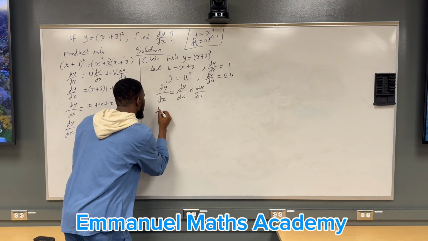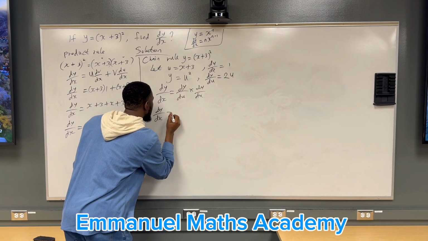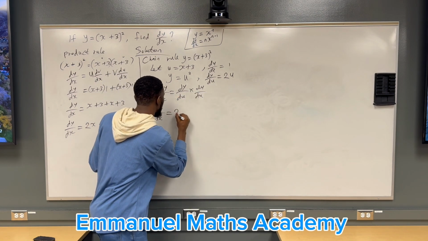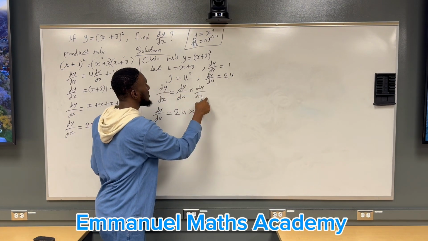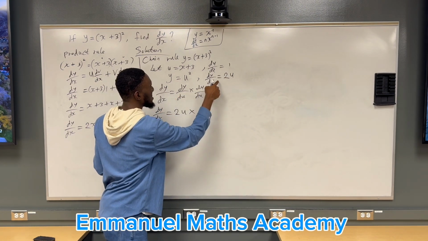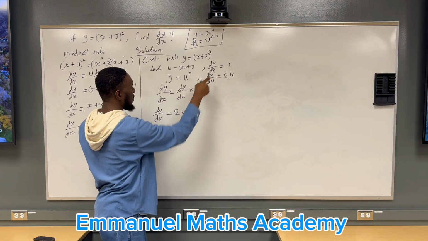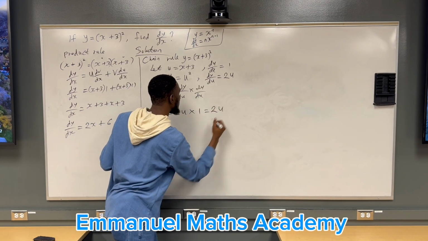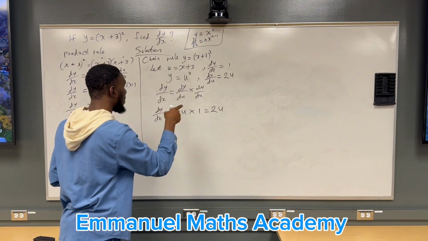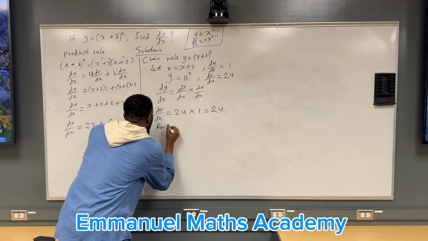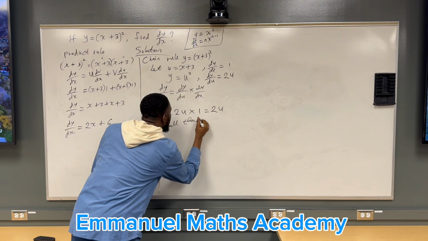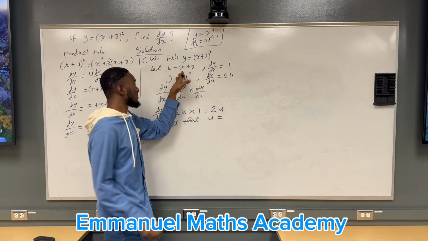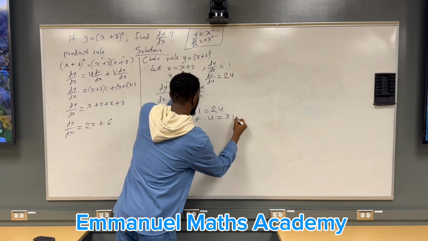Hence, dy/dx equals, what's our dy/du? dy/du is this, 2u, times, what's our du/dx? du/dx is 1. So this is equal to 2u. But recall that u is something. What is our u? Our u is x plus 3.